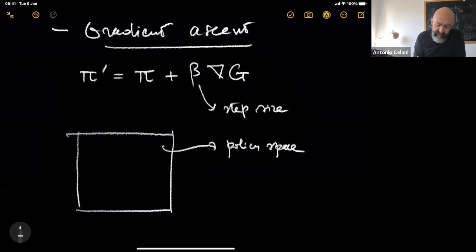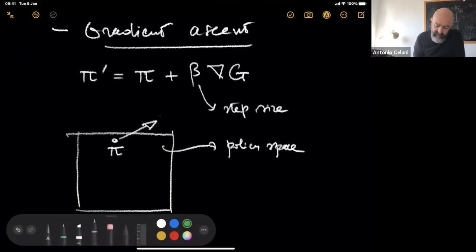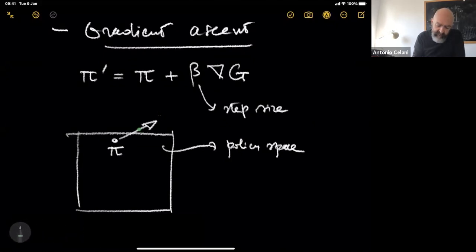If I am at a certain point, I suppose I'm considering policy pi here, and my gradient is pointing in this direction, then clearly, if my beta is large enough, or if my pi is close enough to the boundary, I may end up with my new point pi prime, which is sitting outside of the domain.